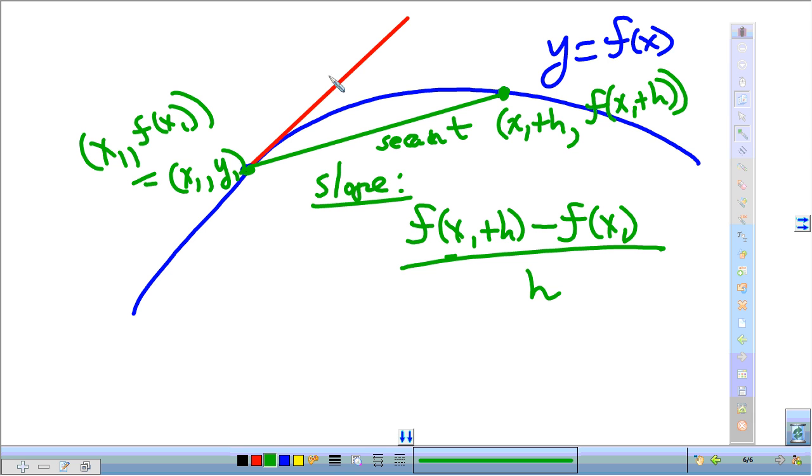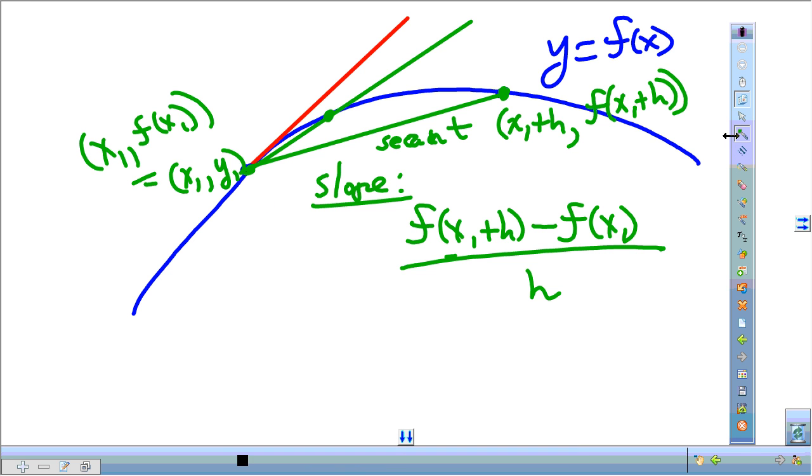So in the picture, clearly not the same as the tangential slope. But what if I moved and picked a different point and did the same thing? The slope of that secant is much closer to the slope of my tangential direction. Of course, I could be more refined and take another point.